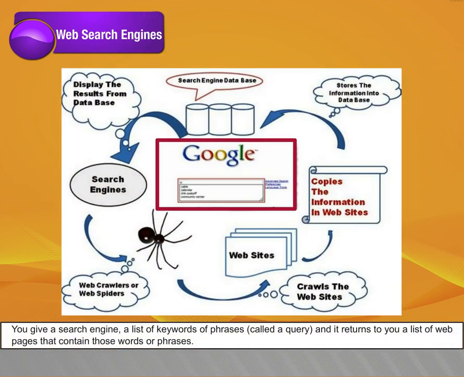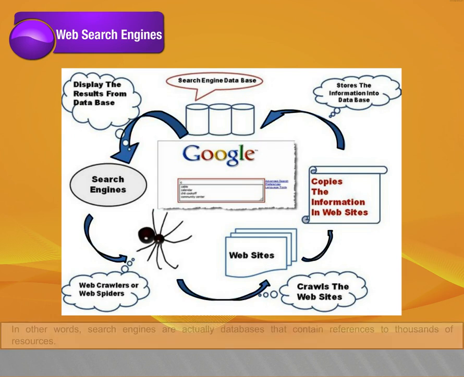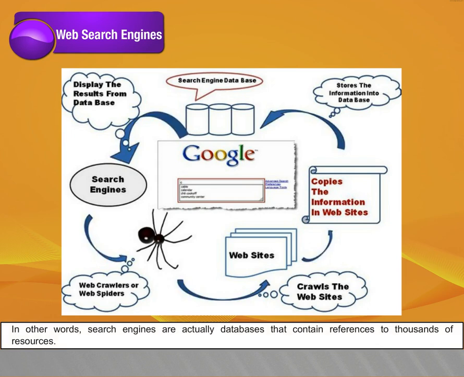You give a search engine a list of keywords or phrases called a query, and it returns you a list of web pages that contain those words or phrases. In other words, search engines are actually databases that contain references to thousands of resources. Users are able to interact with the database, submitting queries that ask the database if it contains resources that match specific criteria.